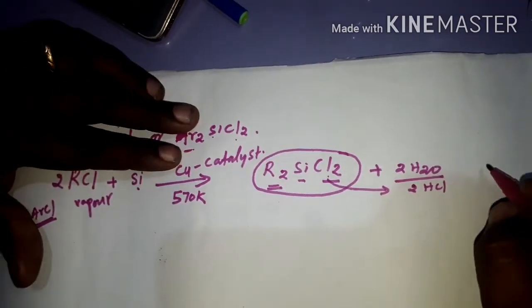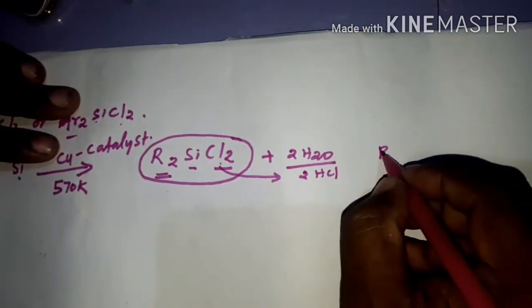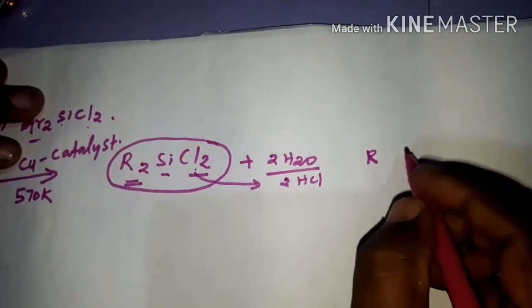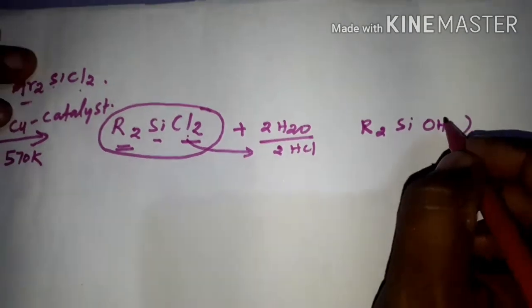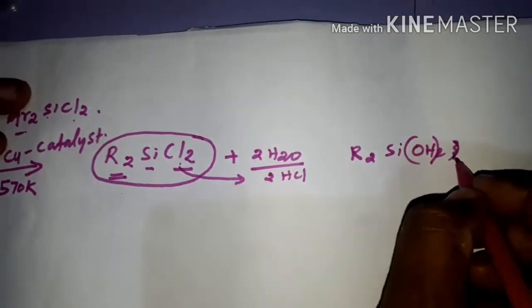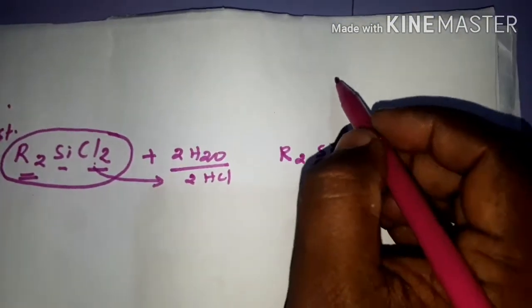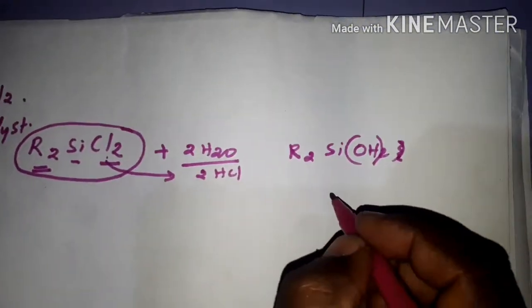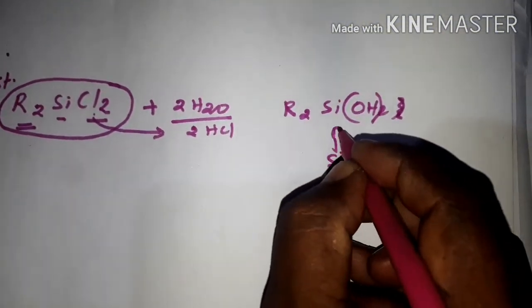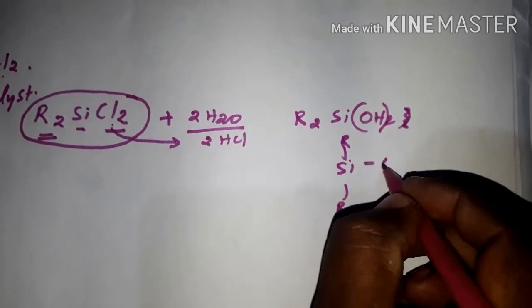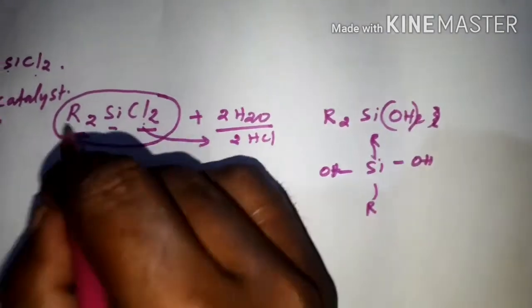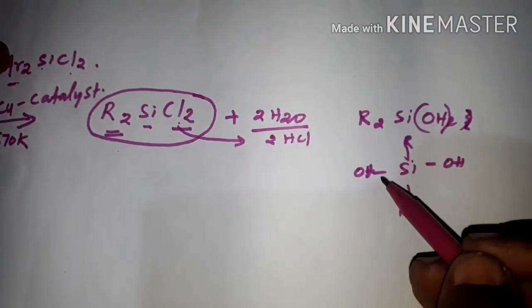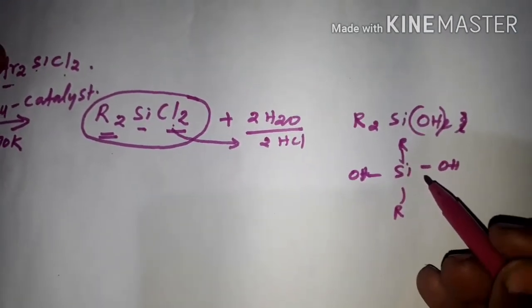Okay, so the product will be R2Si(OH)2. Okay, the structure will be Si(R)(R)(OH)2. So after the hydrolysis we are getting this compound.